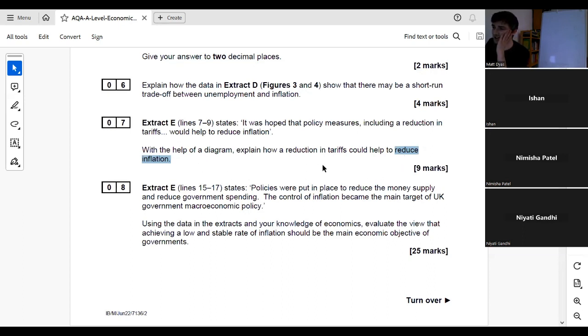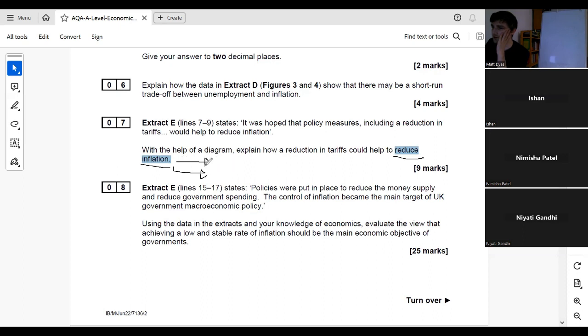Of course, it is aggregate demand, aggregate supply. So just to cut a long story short here, because this is in many ways very similar to the previous question. If it's reducing inflation, that has to be either an increase in aggregate supply or a decrease in aggregate demand.